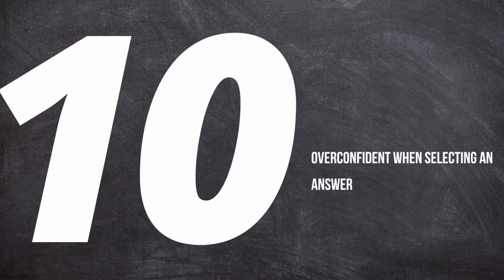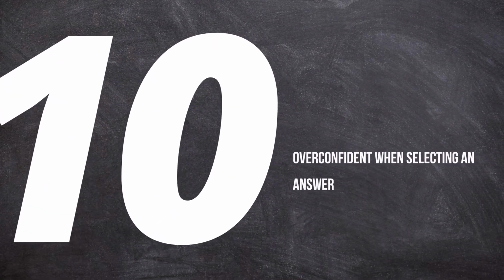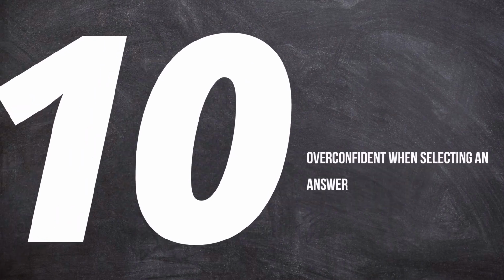And our final one, number 10, overconfidence when taking the exam. Can you believe that? Yes, we do become very overconfident at times, especially when we feel like we got this, right? So some social workers who fail the exam often say the exam appeared so easy, and some thought about the score that they want to achieve on the exam.